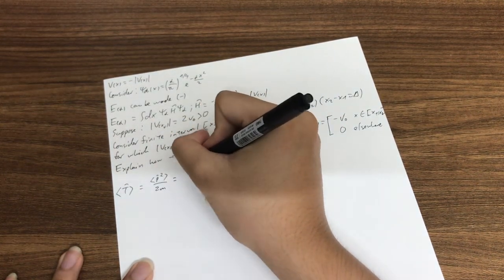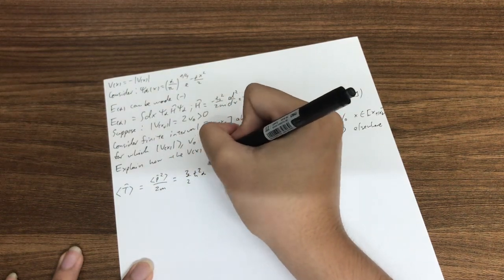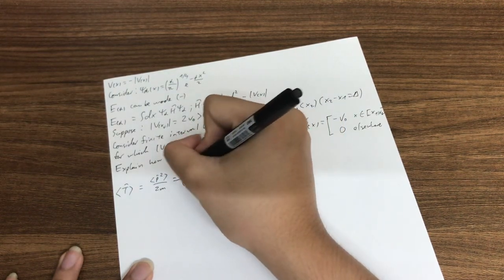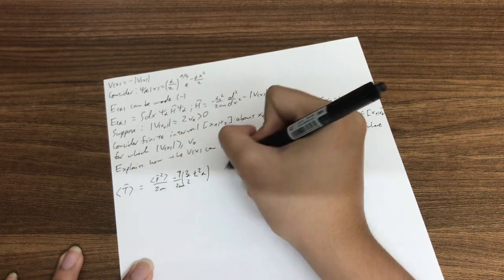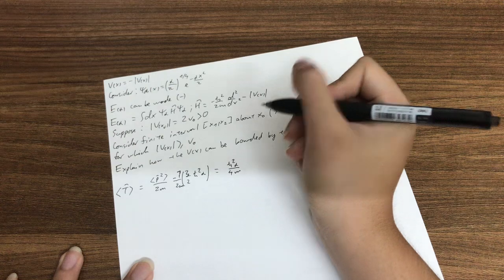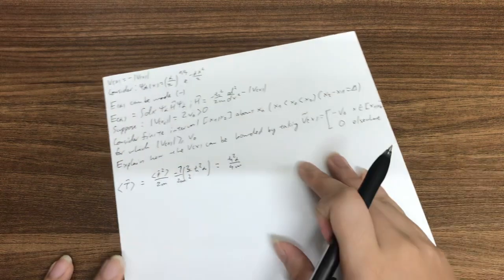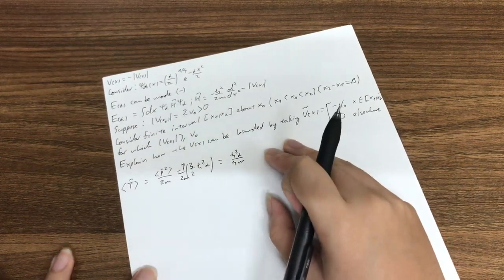This is equal to 3 over 2 h bar squared alpha times 1 over 2m, which is equal to 3 h bar squared alpha over 4m. If you want to see the detailed step-by-step solution to the 3 over 2 h bar squared alpha, you can check out, I believe, problem 1, set 1 that I did a while back.